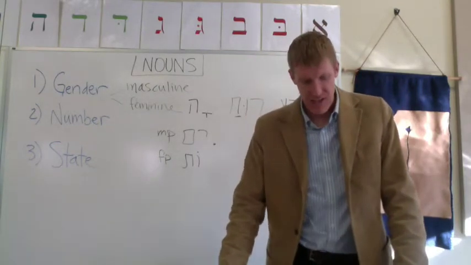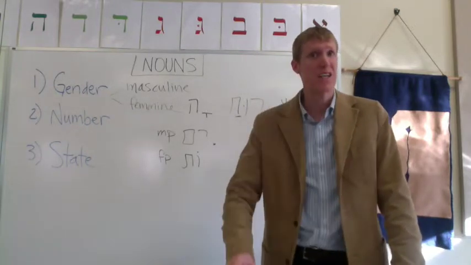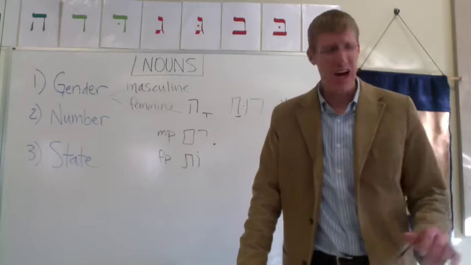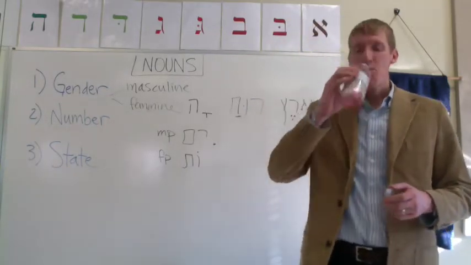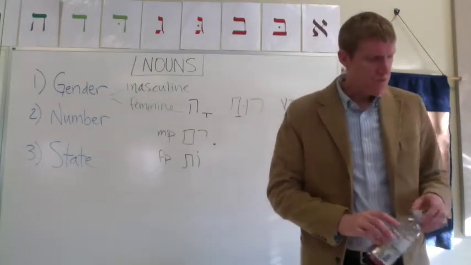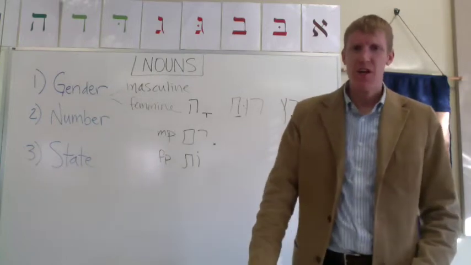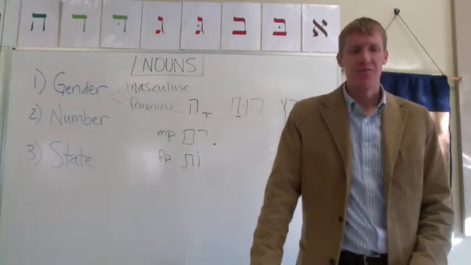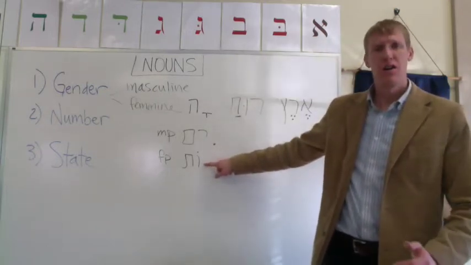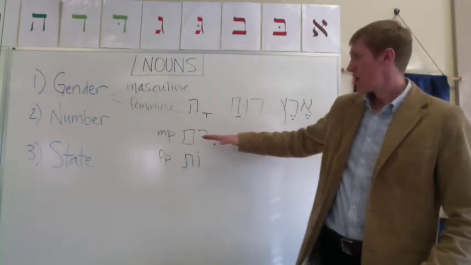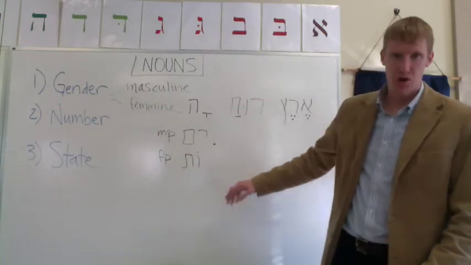Now let me correct one little thing from the textbook. On page 28 at the top, there's a chart of noun endings that the author put in the textbook. In that chart, she suggests that both eem and oat are noun endings for masculine plural, as well as for feminine plural.